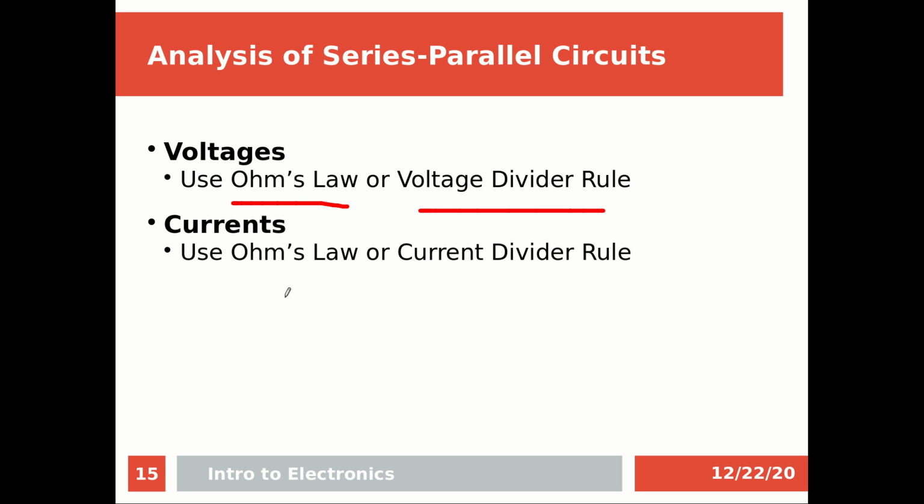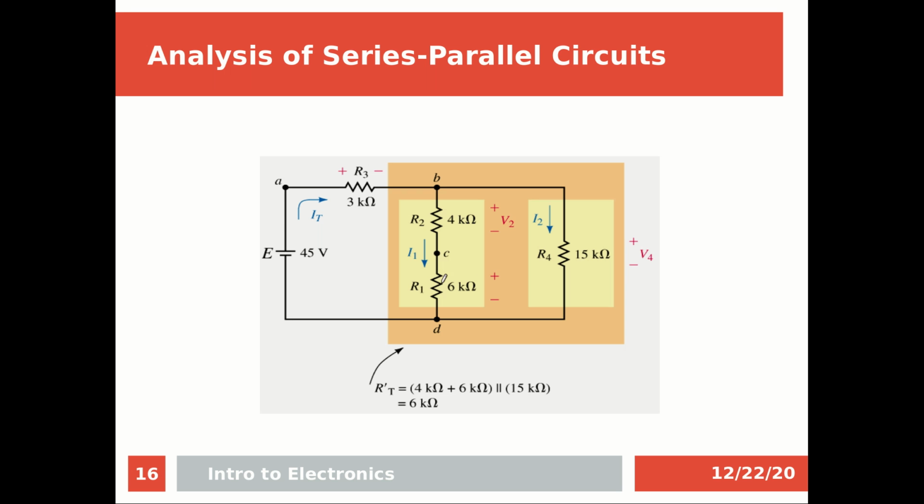For the current, if you know the voltage and you know the resistance, then you use the Ohm law. If you don't have it, for example they are in parallel, then you use the current divider rule. So for example here I will use the voltage divider rule, sorry.